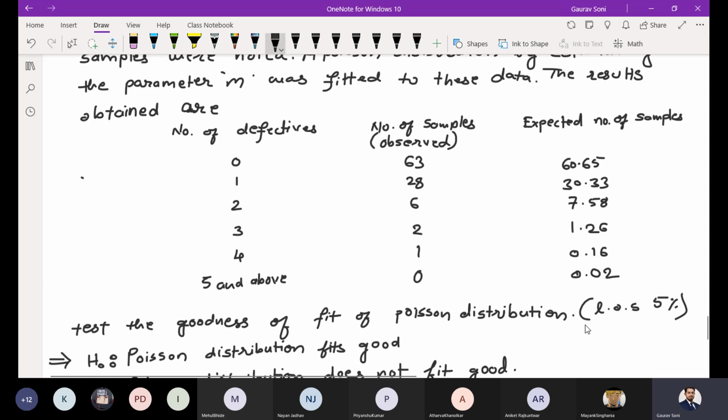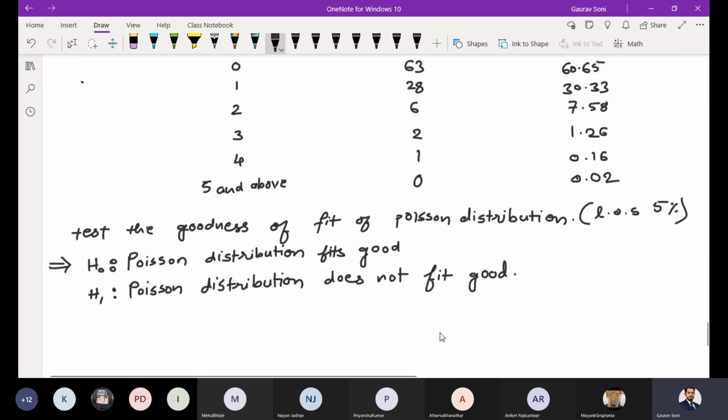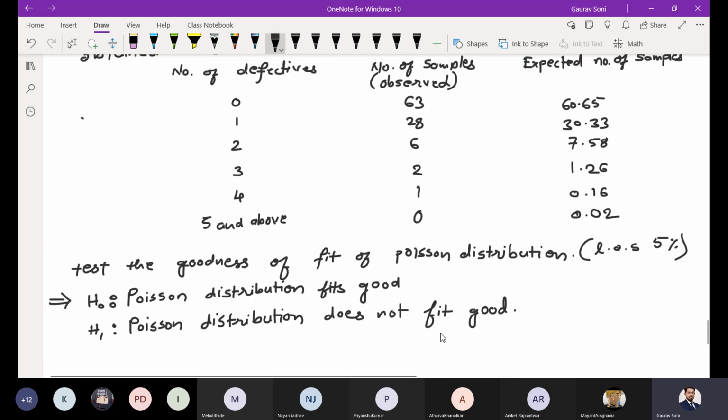Next thing, recall the remark. If in some class you have the frequency less than 5, then what we have to do is add it to the previous classes. Looking at the observed and expected frequencies here, you can see that this is less than 5.